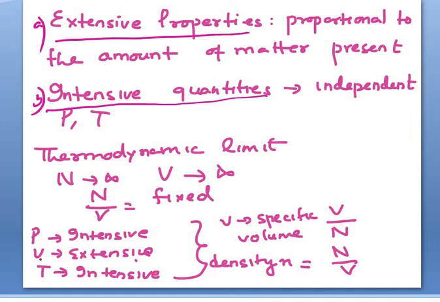In the beginning we said P is intensive, V is extensive, T is intensive. Whenever we define certain things, we try to make every quantity intensive. For that reason, instead of V, we can use small v, the specific volume, which is V by N, which we know is fixed. So it behaves like an intensive property. Similarly, the density N by V is again fixed, and behaves like an intensive property.